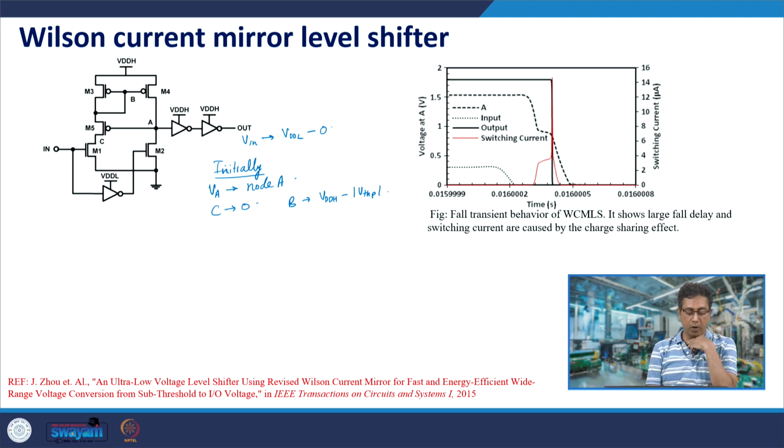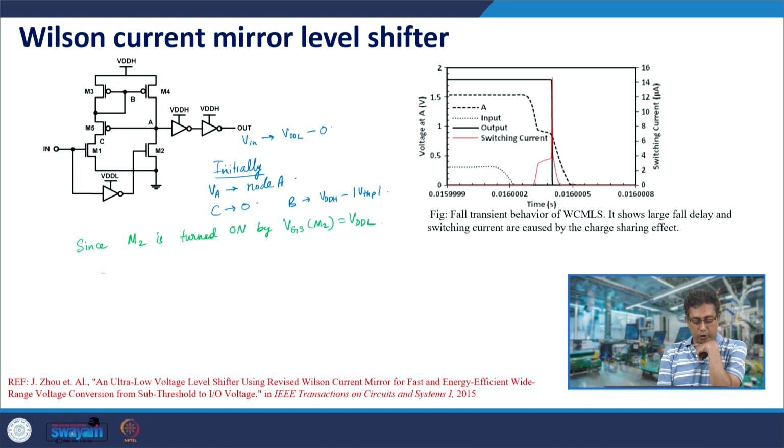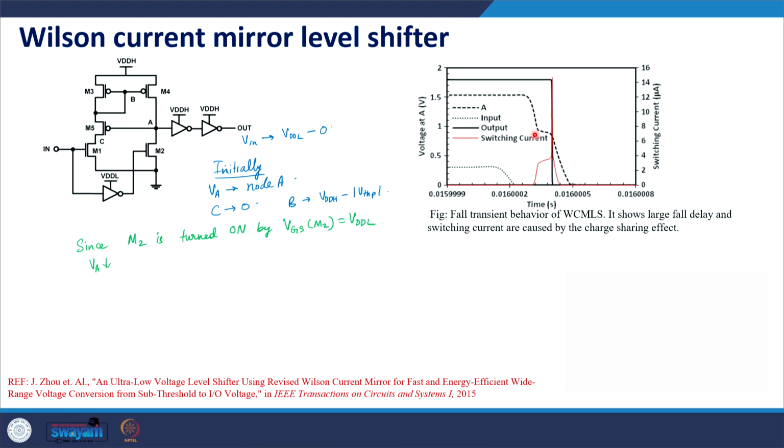Now you are turning off M1 and turning on M2, so A would start discharging. Once A starts discharging, M5 would turn on. Since M2 is turned on by VDDL, VA is pulled down, but that will turn on M5.